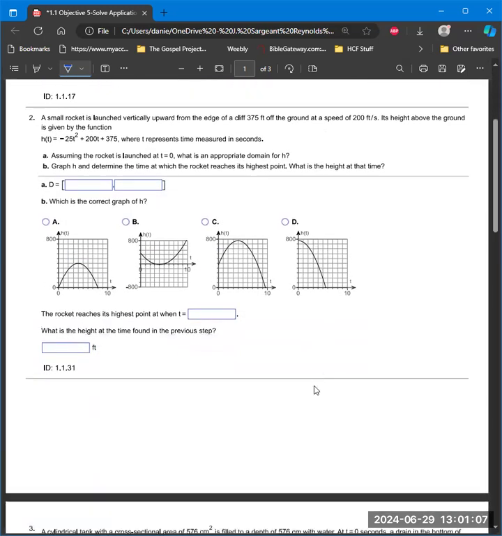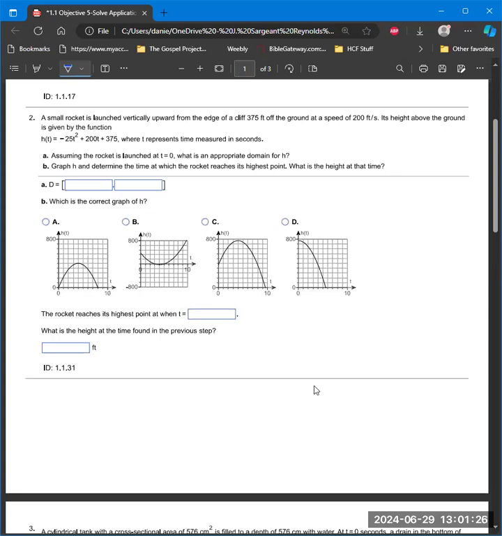A small rocket is launched vertically from the edge of a cliff, 375 feet off the ground, at a speed of 200 feet per second. Its height above the ground is given by the function negative 25t squared plus 200t plus 375, where t represents time measured in seconds.